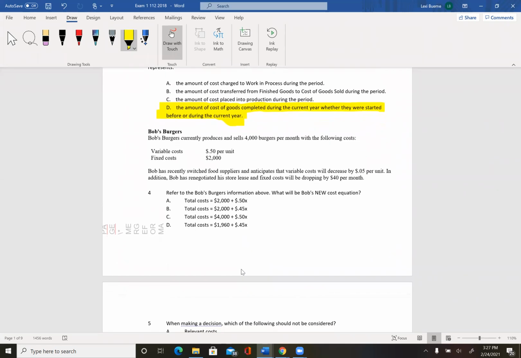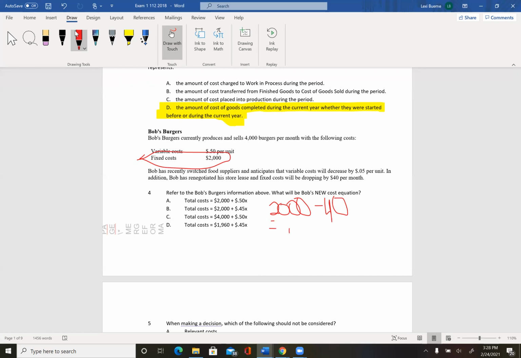Now for Bob's Burgers, they currently produce and sell 4,000 burgers per month. The following costs are 0.5 per unit for variable, 2,000 for fixed. They recently switched and it decreased by 0.05. In addition, they negotiated the store lease will be dropping by 40 per month. So we're asking what's going to be the new equation. So to find this equation, you're going to take the fixed costs of 2,000, and then you have to subtract the fixed costs that are dropped.